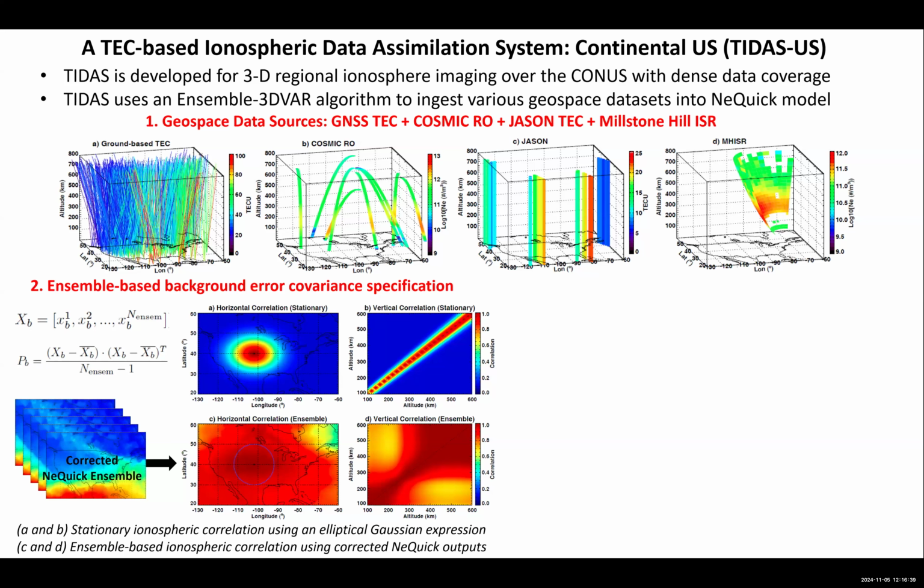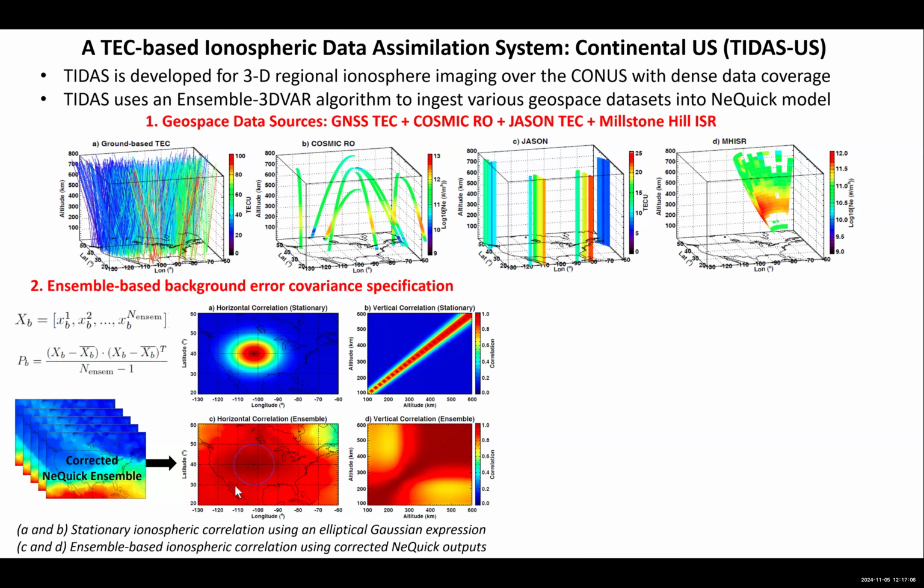But in reality, we know that the ionospheric correlation might not always be isotropic, especially during space weather events. So many data assimilation systems use the ensemble method. They run the background model dozens, scores, or hundreds of times to calculate the ensemble-based error covariance, which is also the way that we did. We run the background model and we calculate the updated error covariance.